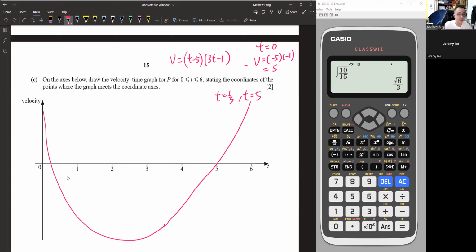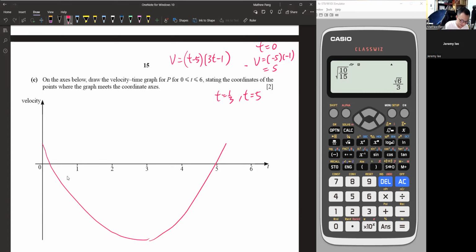This one actually should be symmetry, so therefore I'm not so satisfied about my drawing. Maybe here I make it lower a bit, because it must look very symmetry, somewhere at the middle.